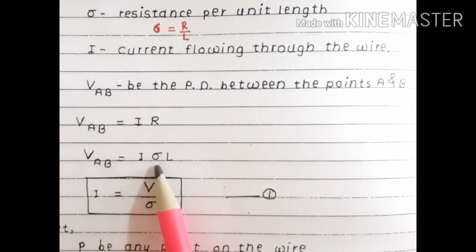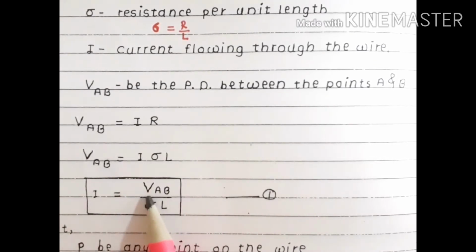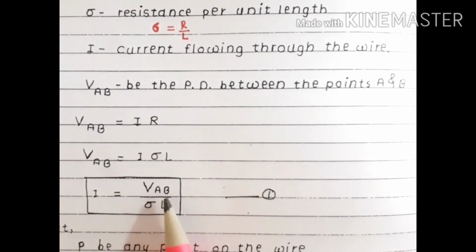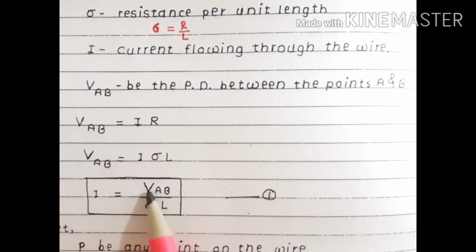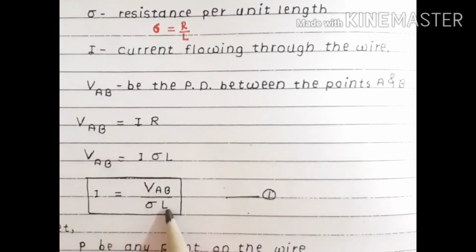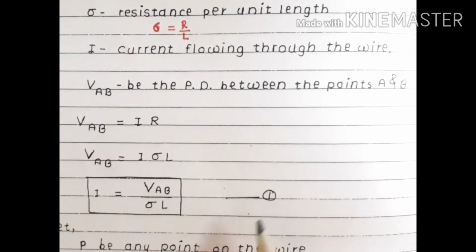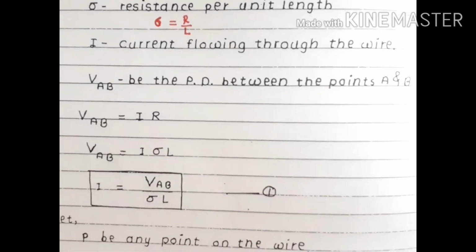From this formula, current is equal to potential difference across the wire AB divided by sigma into L. Capital I is equal to VAB divided by sigma into capital L. This is equation number 1.